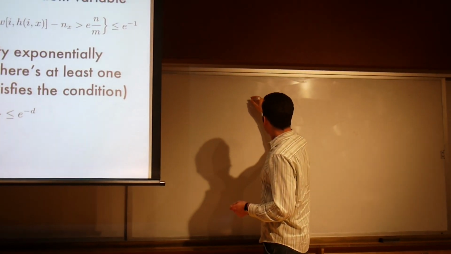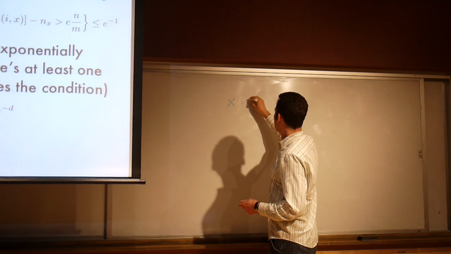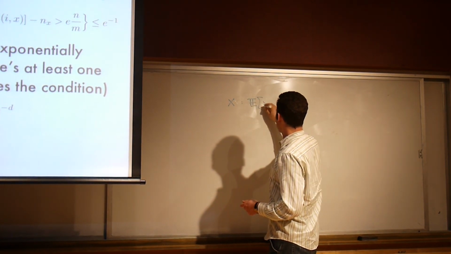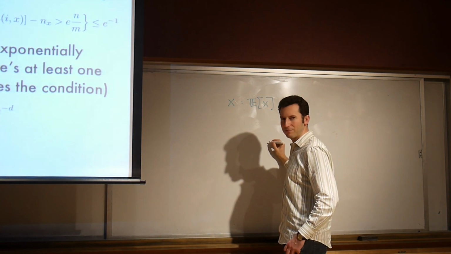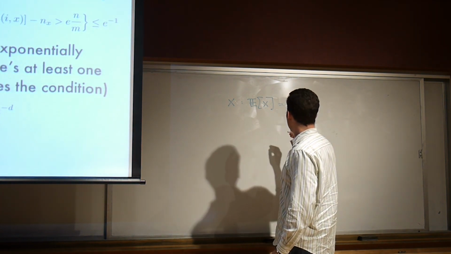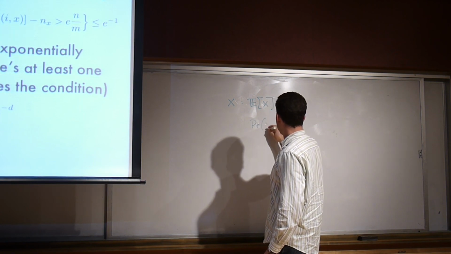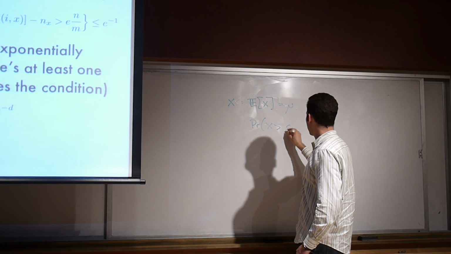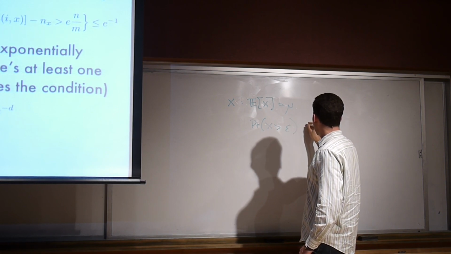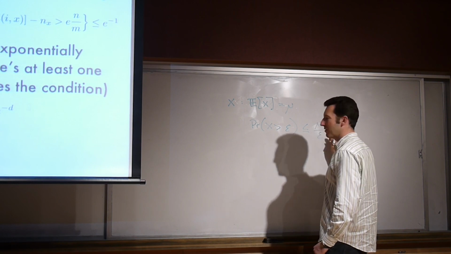Suppose I have some random variable x with a property that the expected value of this random variable equals mu. Then Gauss-Markov tells me that the probability that x is greater than epsilon is less than or equal to mu over epsilon.